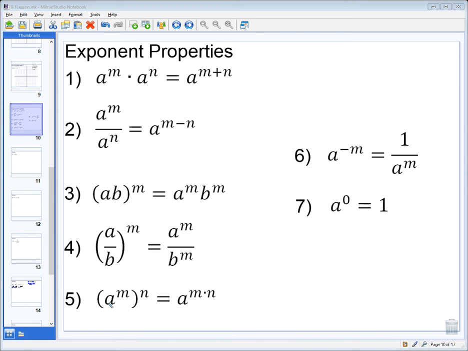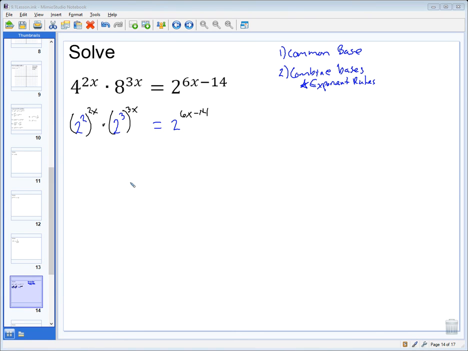In this case, we have our base, we've got a power, and then we've got another power outside of that, which means we need to multiply our powers together. We have a power, we have another power outside of that. So we've got to multiply these powers together, and we get 4x. On the next one, we have a power and a power, so we multiply those powers together, and we get 9x. The other side, we still have our 6x minus 14 as our powers.